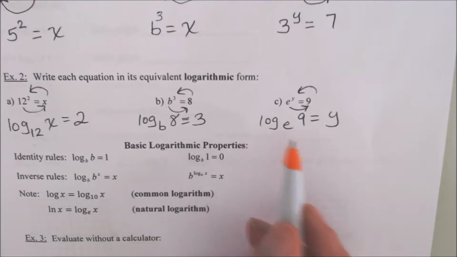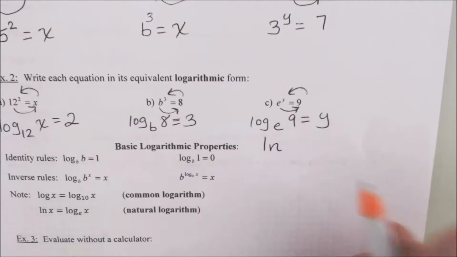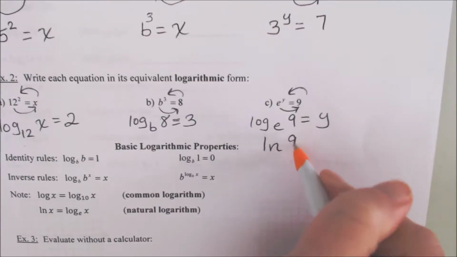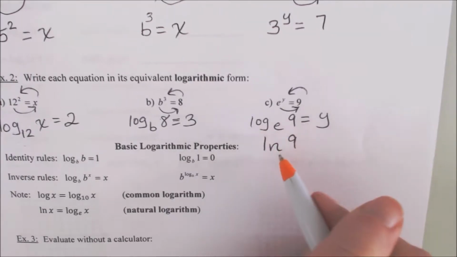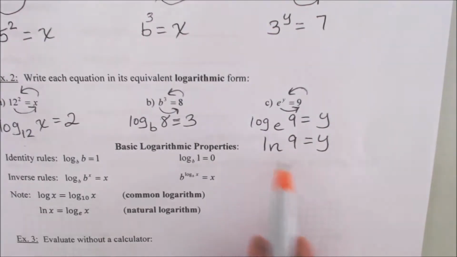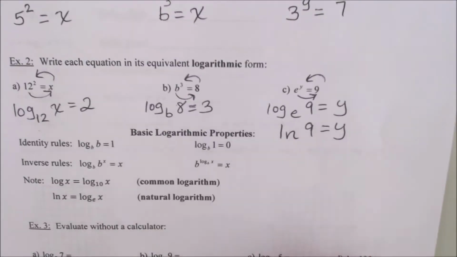That would be okay to write, but the shorthand way of writing that is to use ln. ln is the natural log. It's a Latin root, but it's natural log, ln, of 9. So if you have log base e, replace it with ln in your final answer. And when you do that, there's no base to write. It's an implied base e because of the ln. So that would be the proper answer.